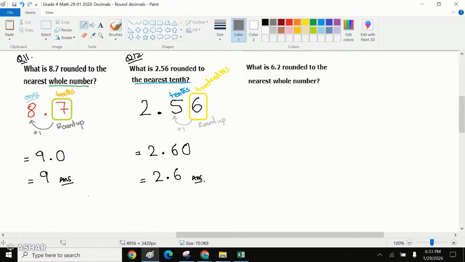This is our question number 13. In question number 13, it says 6.2, right? That means we need to round it off to the whole number. We need to round it off to the ones position. Oh, thank you so much, Simi. That means we need to look at the tenths position.